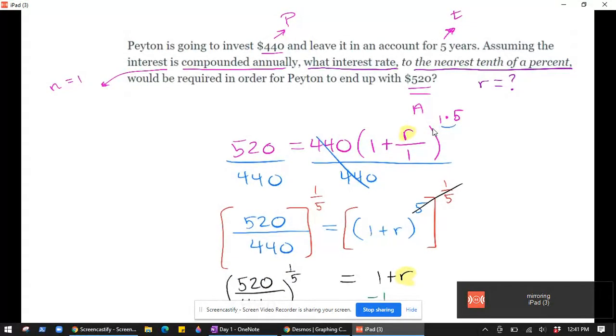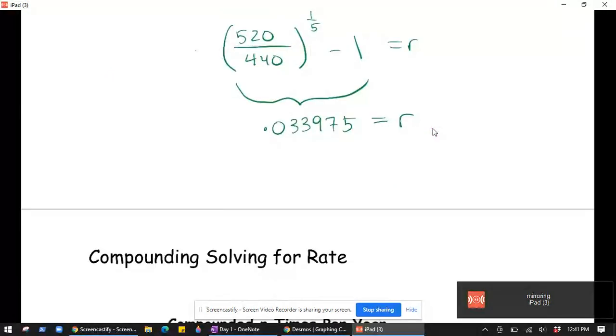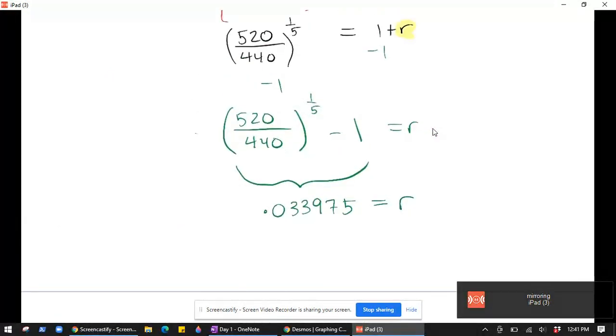It says to answer the question by finding the interest rate to the nearest tenth of a percent. So let's turn this into a percent first. So I do that by moving the decimal 2 spots to the right so that it becomes 3.3975%.